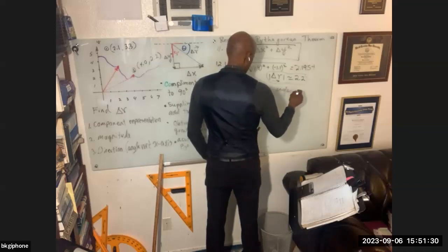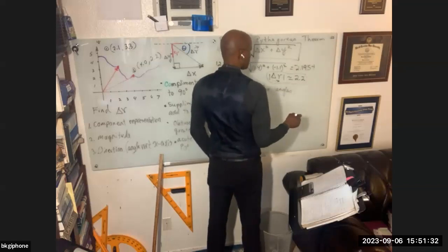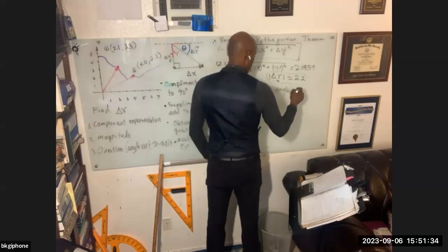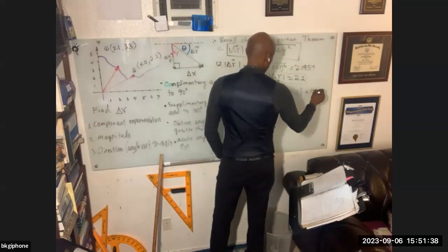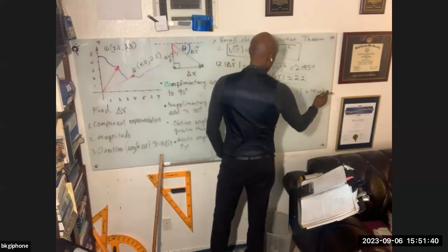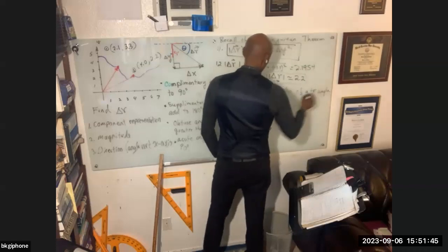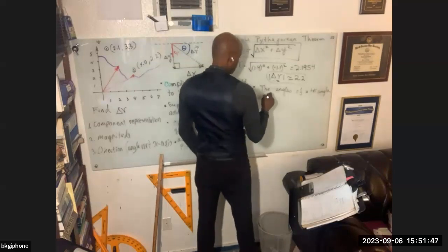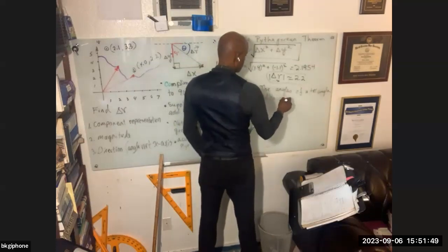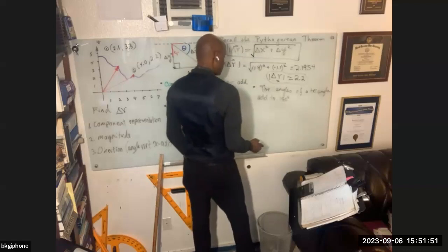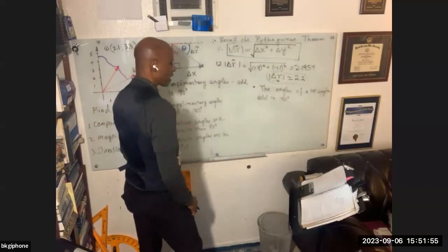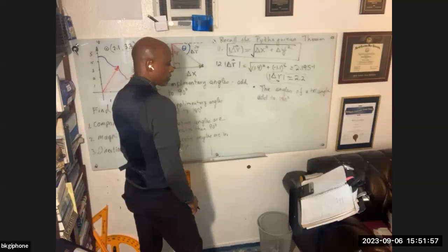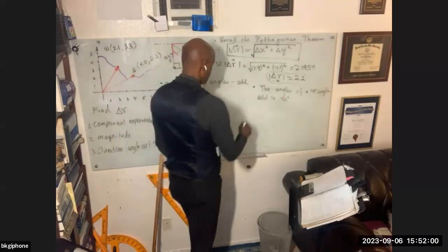Wait a minute, do the angles of a triangle add to 180 or 360? 180, sorry. Angles of a triangle add to 180 degrees, and the angles of a rectangle add to 360 degrees.